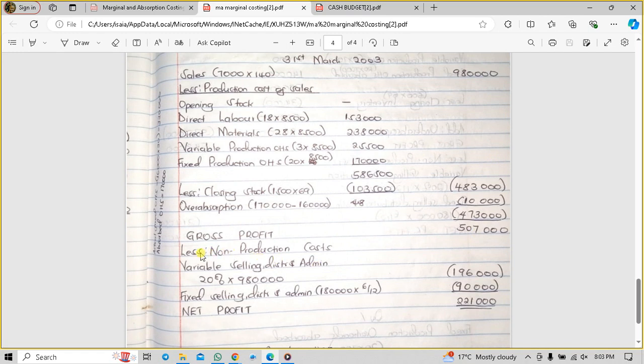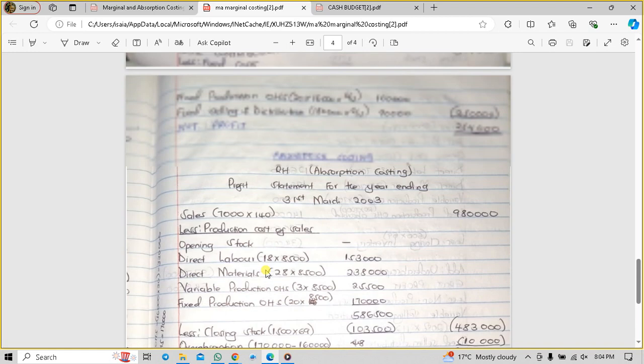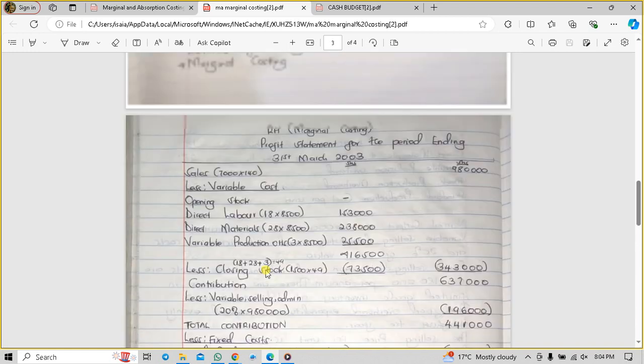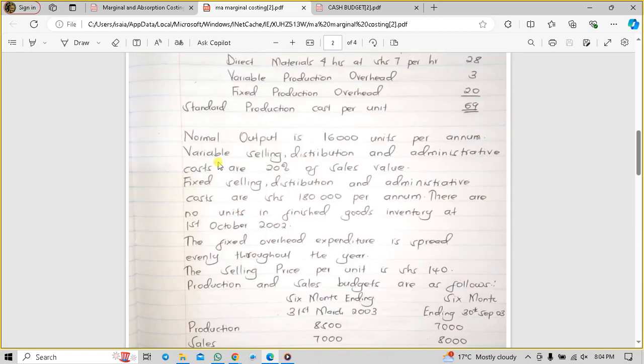Then you're going to subtract. So for absorption costing, you normally subtract non-production costs, which are variable selling, distribution and admin expenses, and fixed selling, distribution and admin expenses. For variable selling, distribution, that one is given.